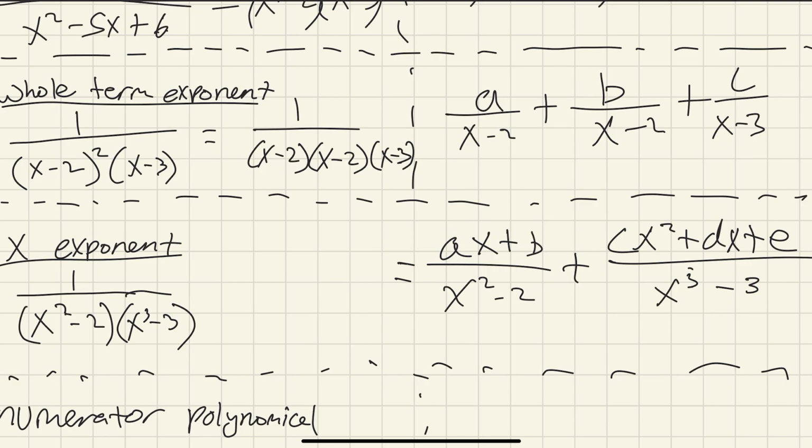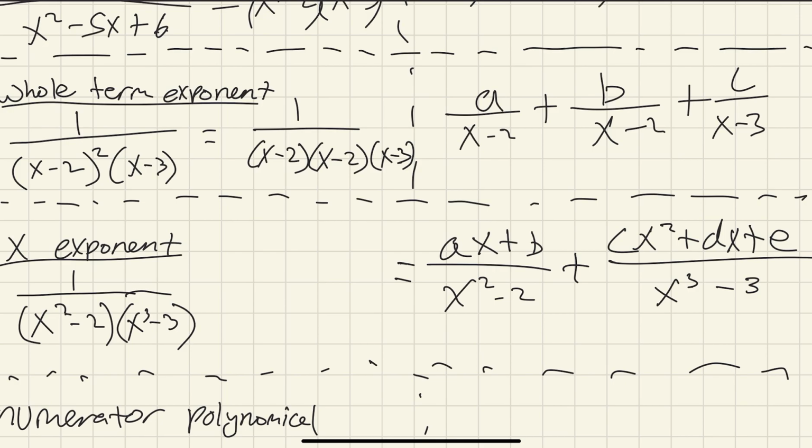In this case, we have x cubed, so we get cx squared plus dx plus e. And these letters are arbitrary. They don't have to be in alphabetical order. There's nothing deep about why they're A, B, C, D, E.